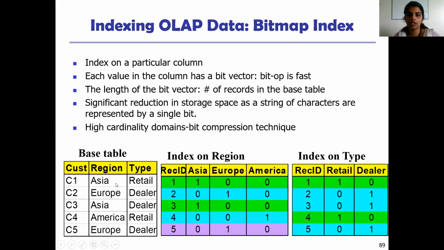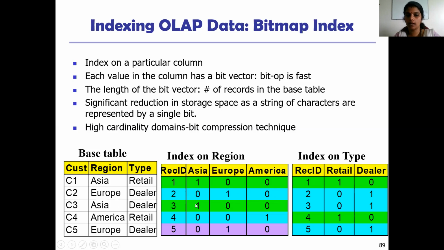Now consider record ID 1. The value for region is Asia.